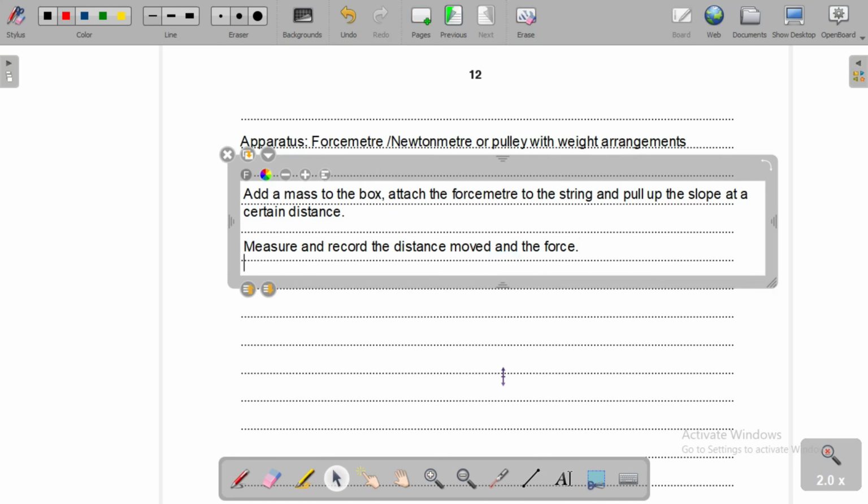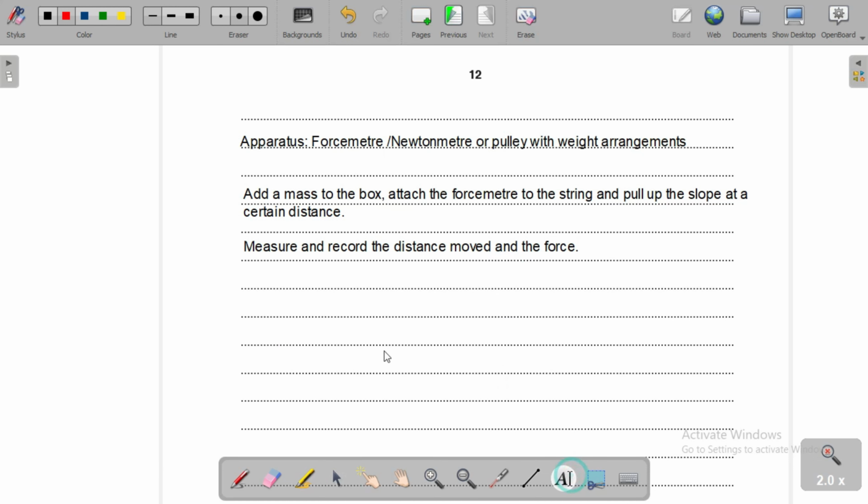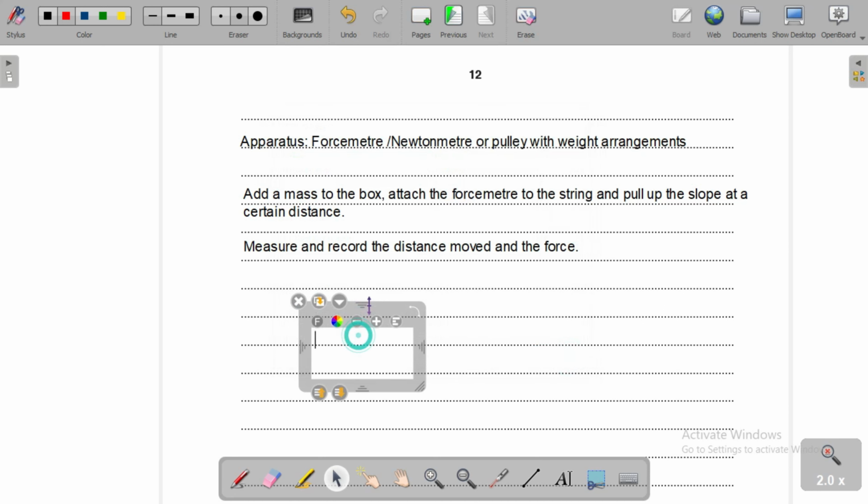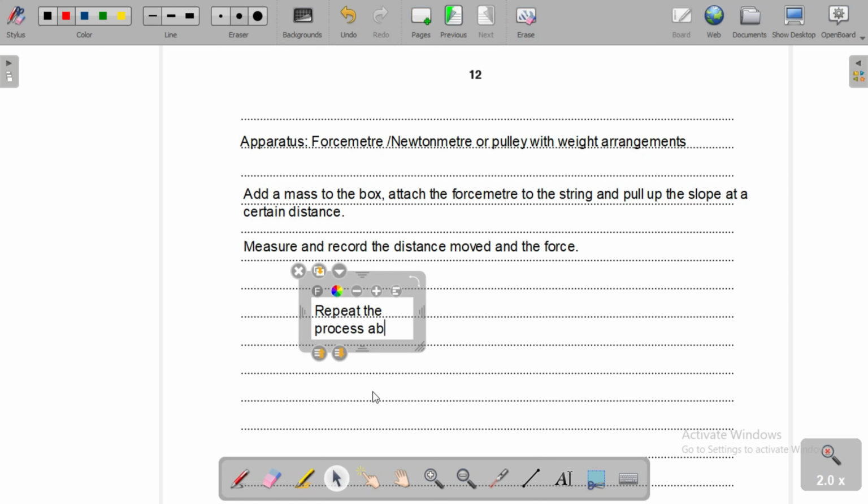Now the next thing to do, since you've been given different masses, you say repeat the process above for 3 other masses, each time measuring the force and the distance.